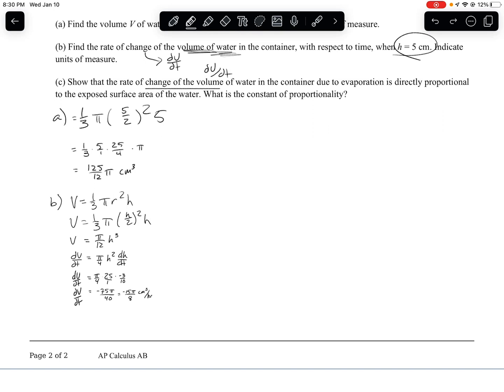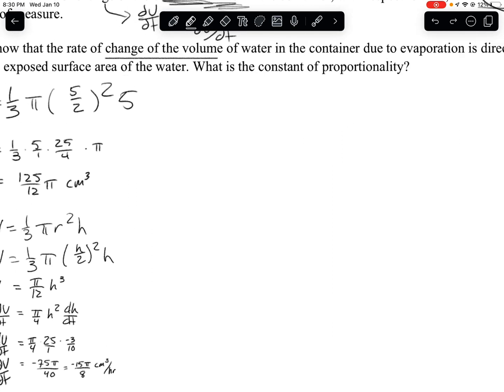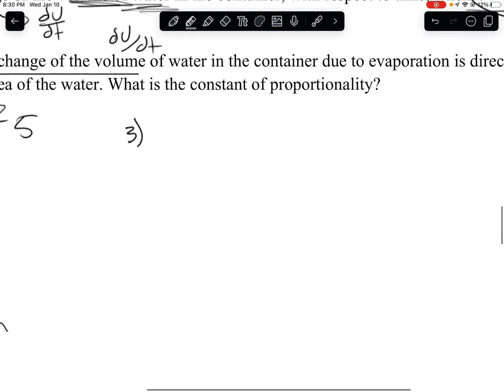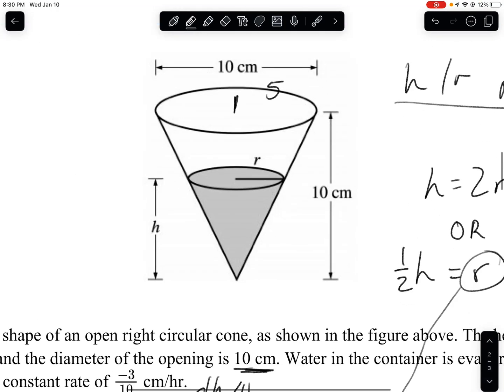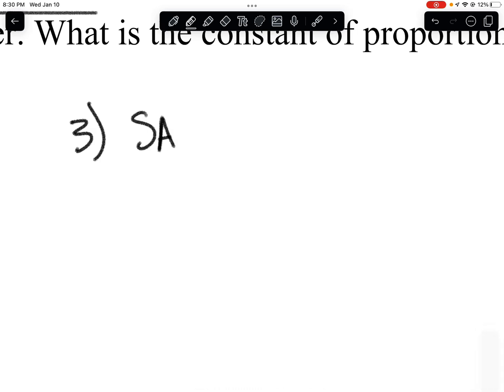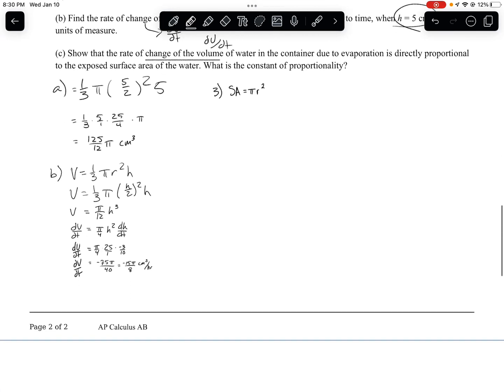What is the exposed surface area of the water? If we zoom out and look at our picture, it's just whatever the radius is. So my surface area is equal to pi r squared.